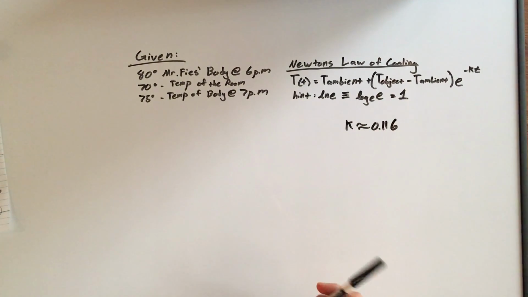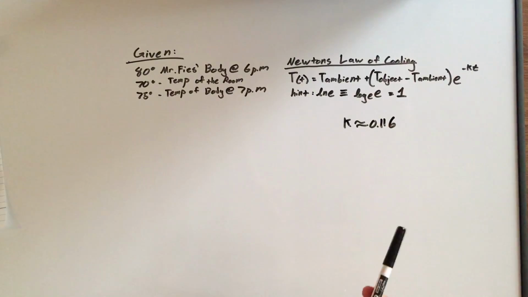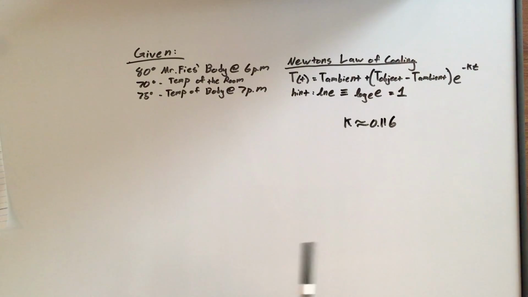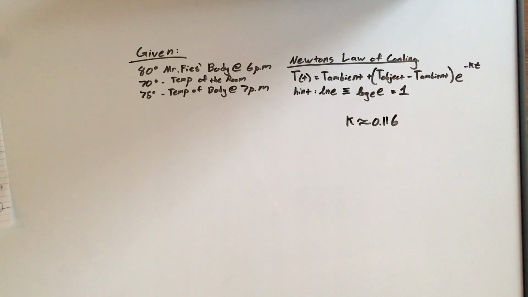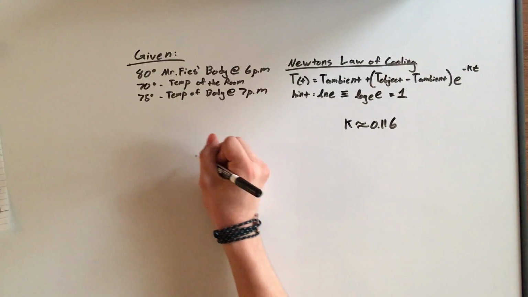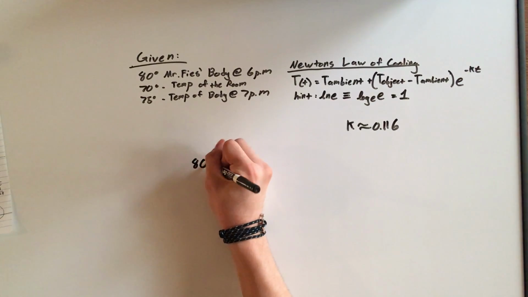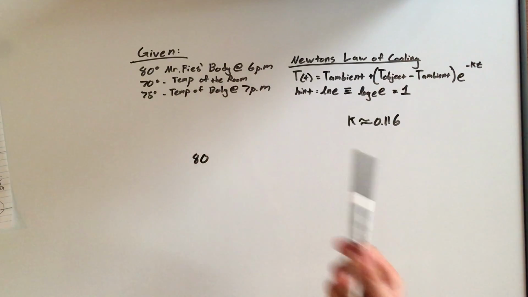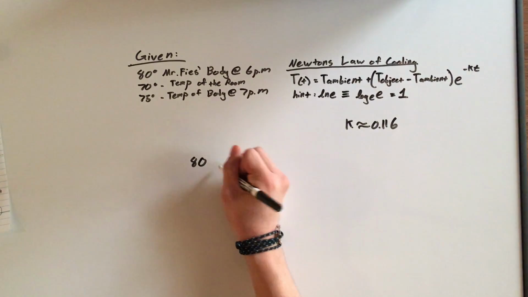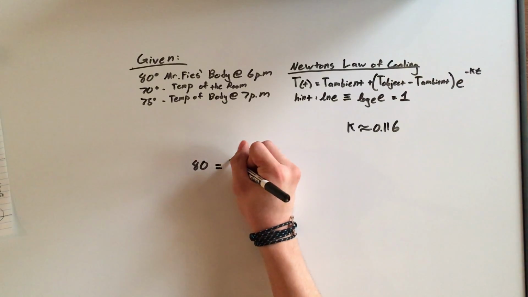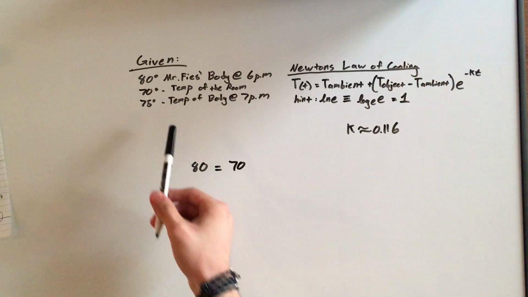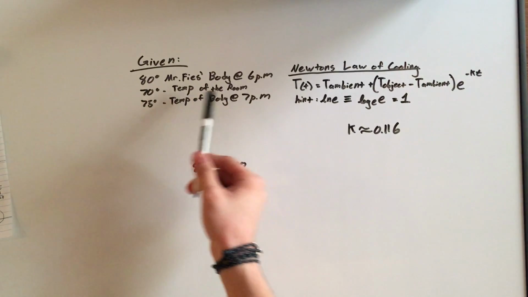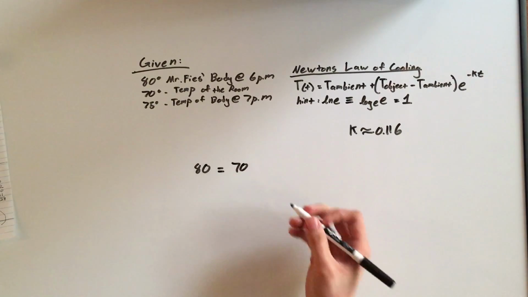Alright, now we can find the elapsed time between the time of discovery and the actual time of death. So, let's start right here. We're going to use 80 degrees now because that's the temperature at 6 p.m. when we found Mr. Fies' body. The temperature of the room was 70 degrees.